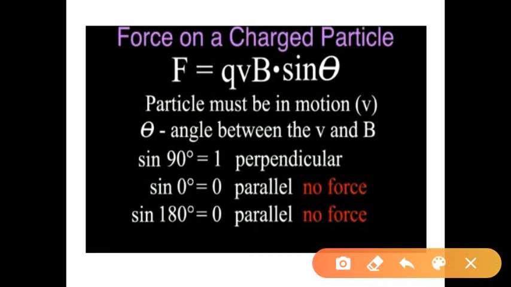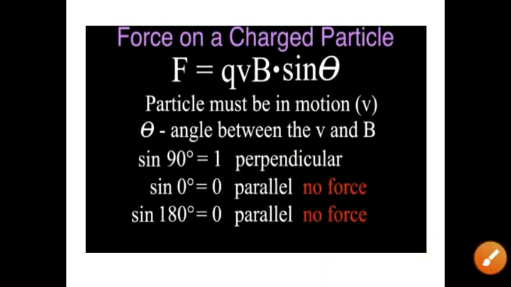First, when theta is equal to 90 degree. When theta is equal to 90 degree, sin 90 is equal to 1, and we will get F equal to QVB into 1, equal to QVB.